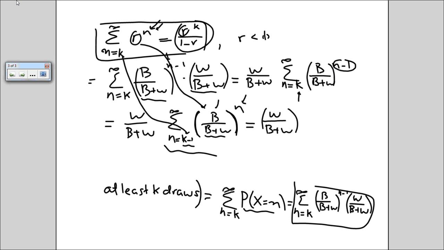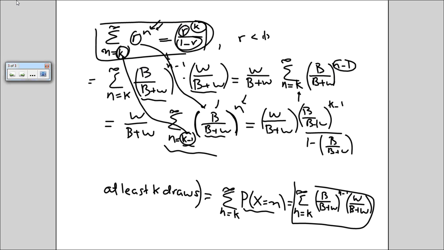So I get r, which is b over b plus w, to the starting value. Remember, k is now k minus 1. Divided by 1 minus r. r is b over b plus w.